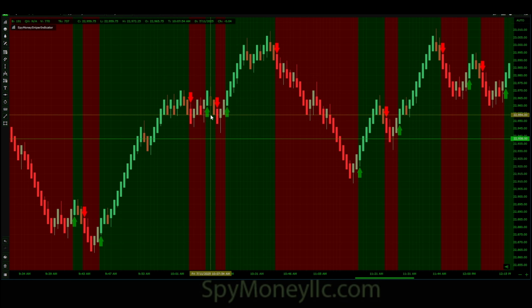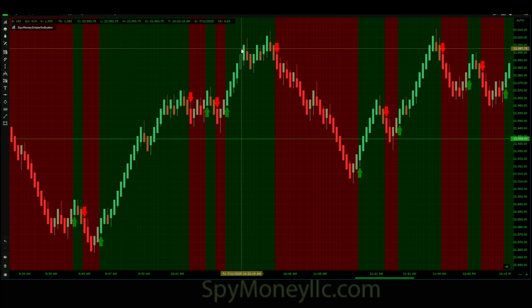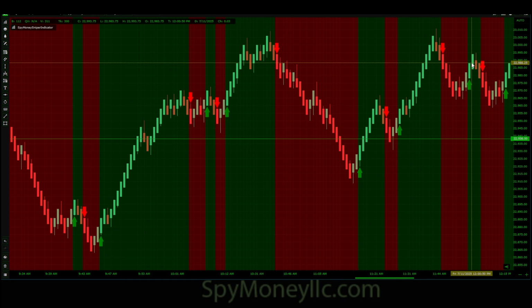But when you have a couple of losers in a row, you just shut it off and you wait. If you have this loser and this loser, go ahead and shut the bot off and wait until you get a breakout. This would be our first breakout. We would miss this trade, but we would turn it on after this, and then we would get 1, 2, 3, 4, 5.